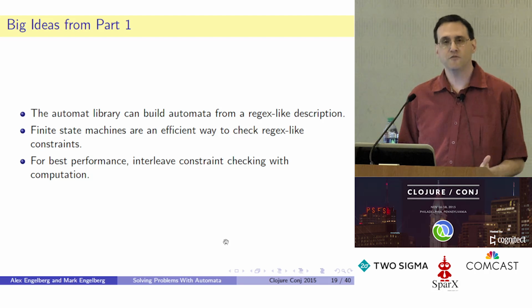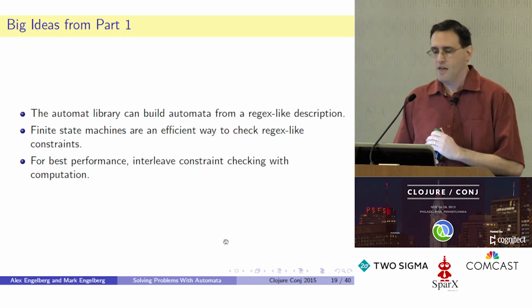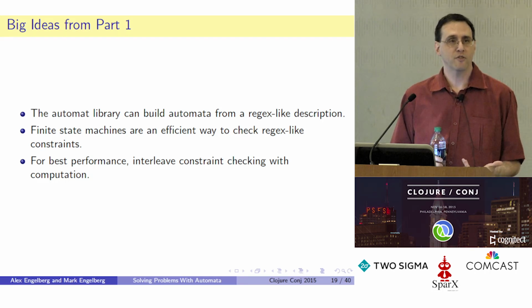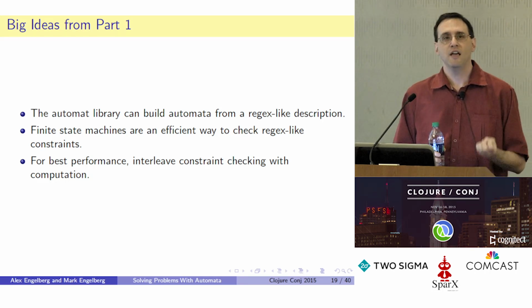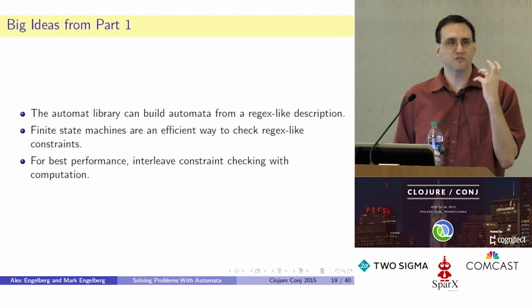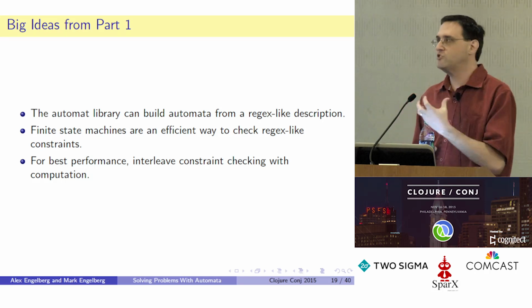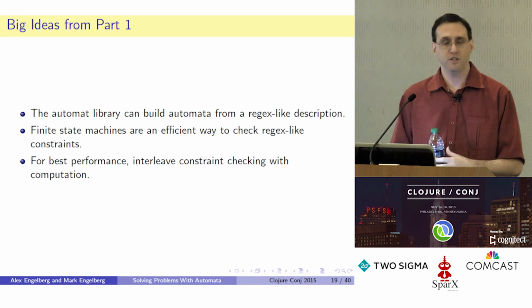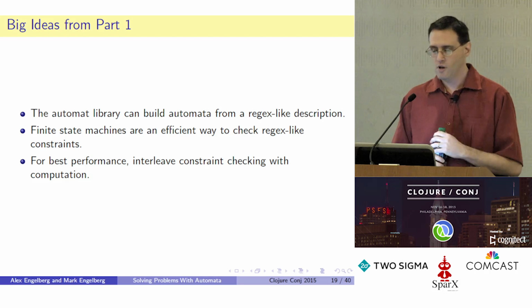So the big ideas from what I've discussed so far is that the automat library is a very powerful tool for working with automata. It's especially useful if you have in your head some sort of regular expression style description of what you want to match against, and you want to build a finite state machine. It does that for you.